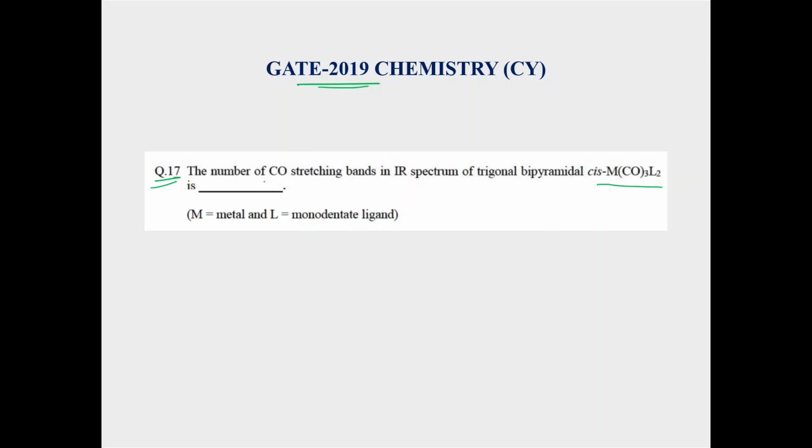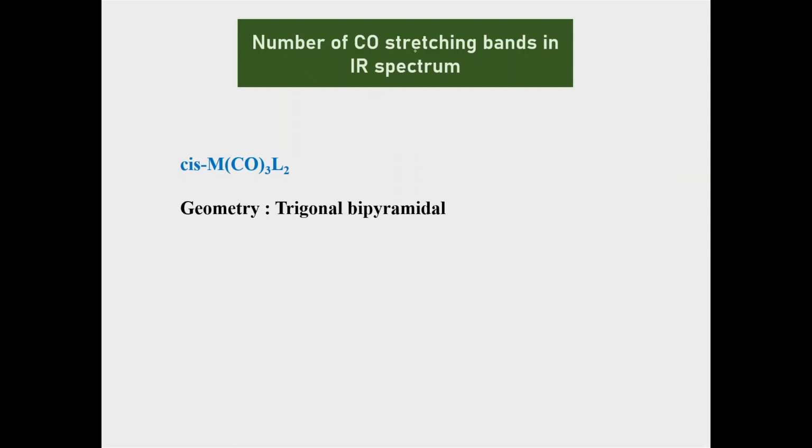If you see this question, you will feel that this is an inorganic chemistry question, but it needs the concept of group theory to solve it. They have already given the geometry, which is trigonal bipyramidal.